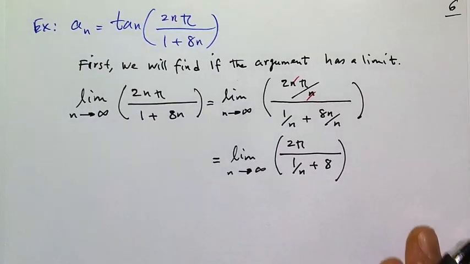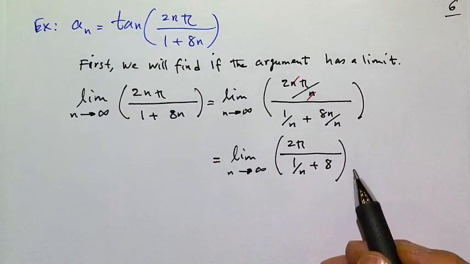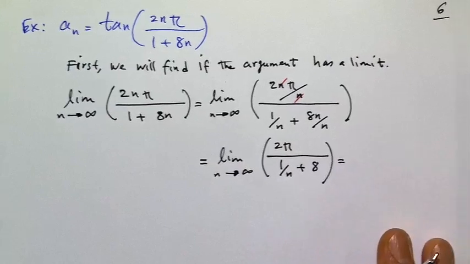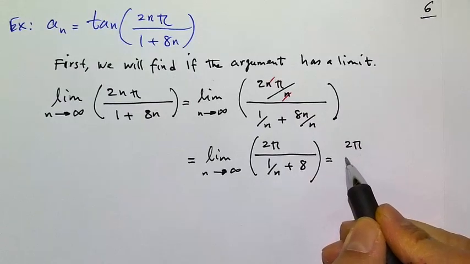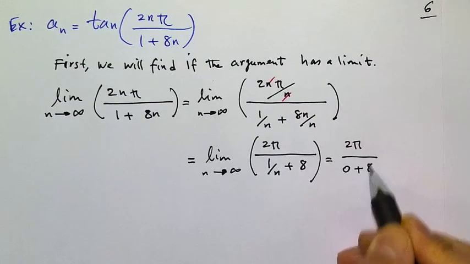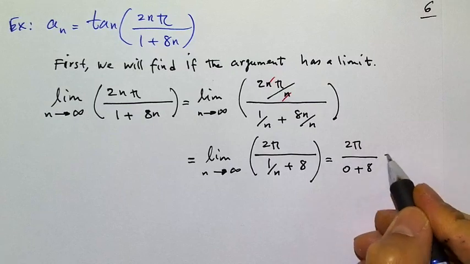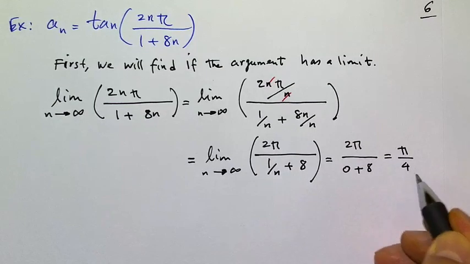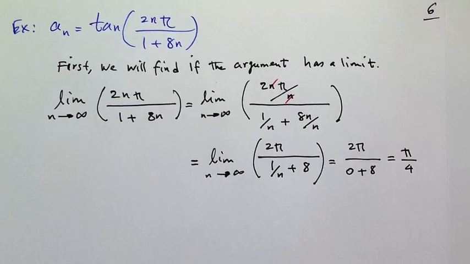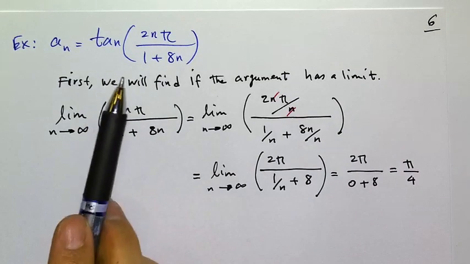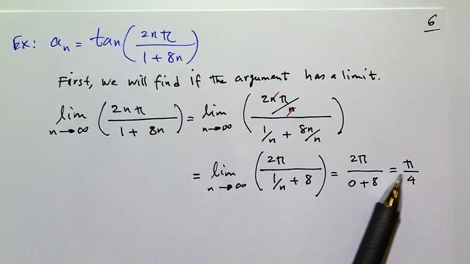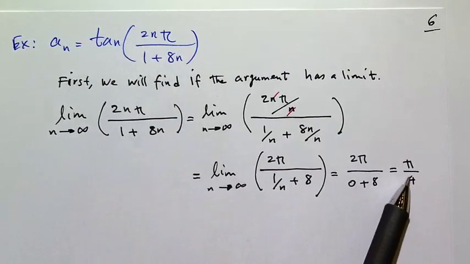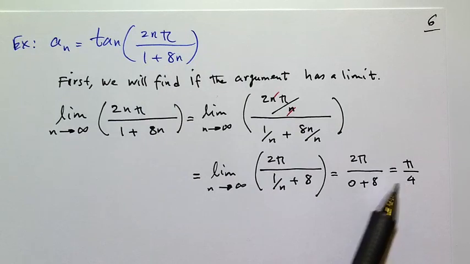Now, if we apply the limit, we will get 2 pi divided by 0 plus 8. So this is equal to pi over 4. So the inside of the parentheses, that whole term, has a limit that is equal to pi over 4 as n goes to infinity.